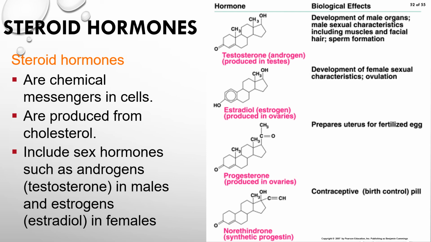So examples of steroid hormones are the sex hormones such as androgens, like the testosterone in males, and estrogens or estradiol in females. So the testosterone, let's have testosterone first. This is a hormone produced by the human body. So kasagaran, ang men lang ani kay maproduce man ni siya sa testicles in men.